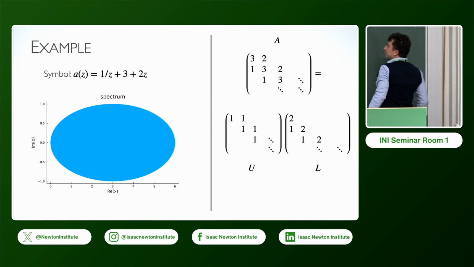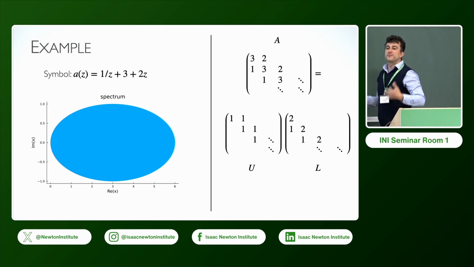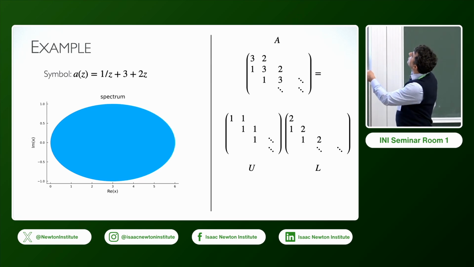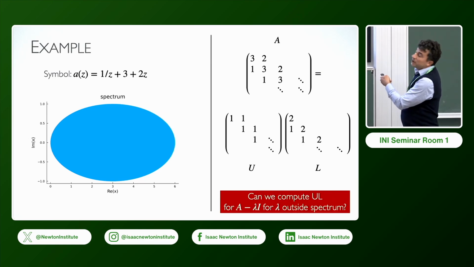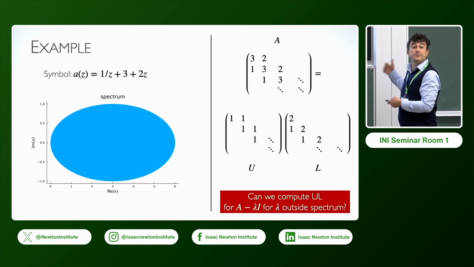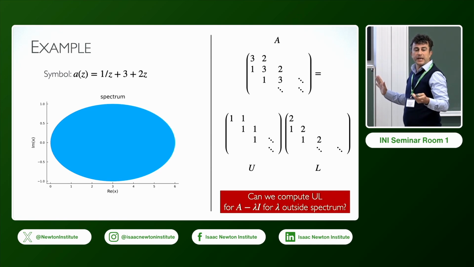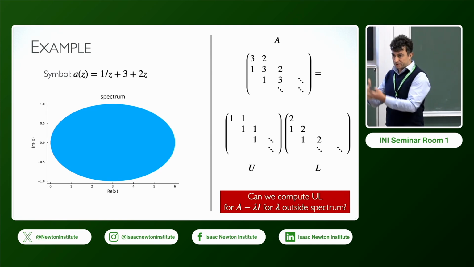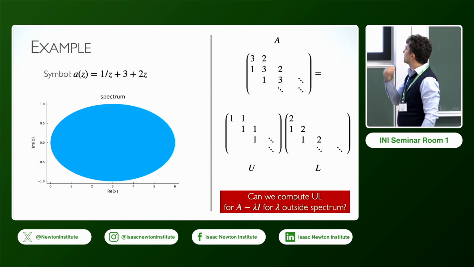So for the most part, I'll stick to tridiagonal with the view that here we have three scalar entries. These could potentially be blocks. And that's enough to capture general banded Toeplitz matrices by just embedding it in a bigger block size.